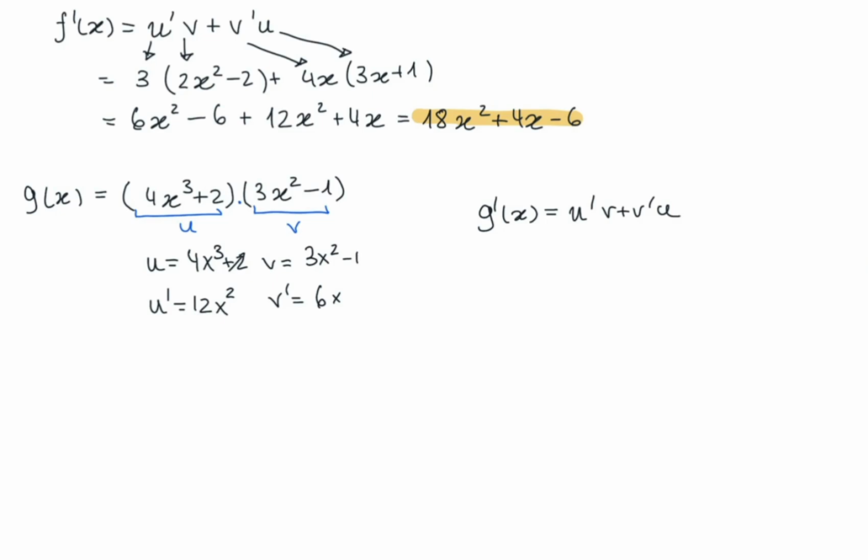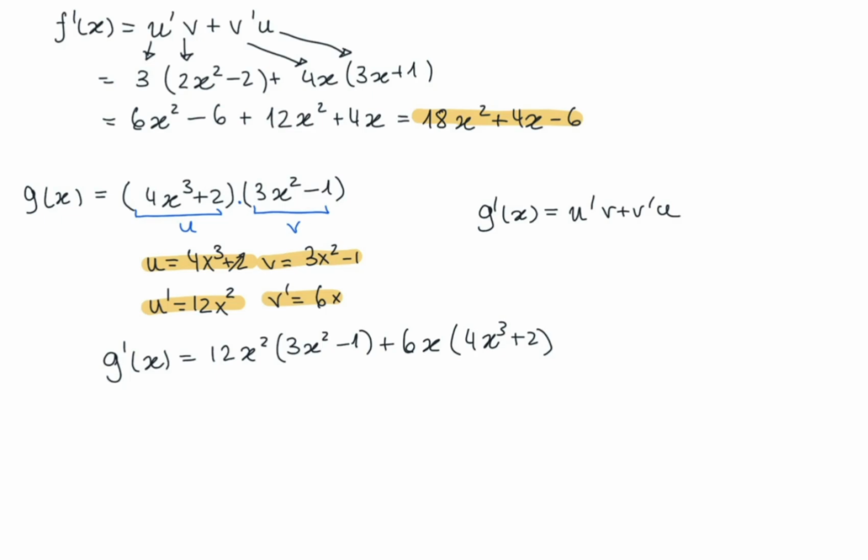Now we have u, v, u prime, and v prime. So just apply the product rule. U prime will be 12x squared times v plus v prime times u.